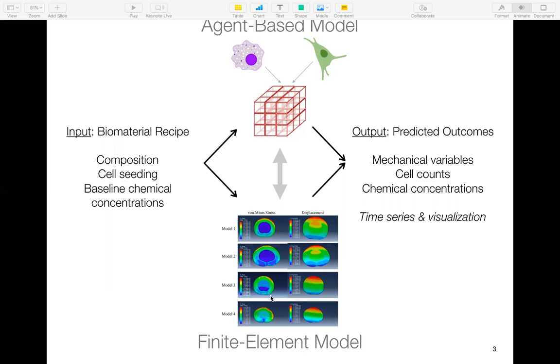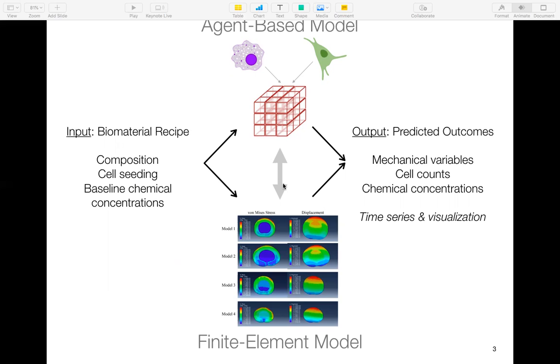And in this case, it's finite element modeling. And beyond this, there are many interactions and much overlap between the biological and mechanical aspects. For example, cells can respond to mechanical stresses, and cells produce substances that can harden or soften biomaterial.